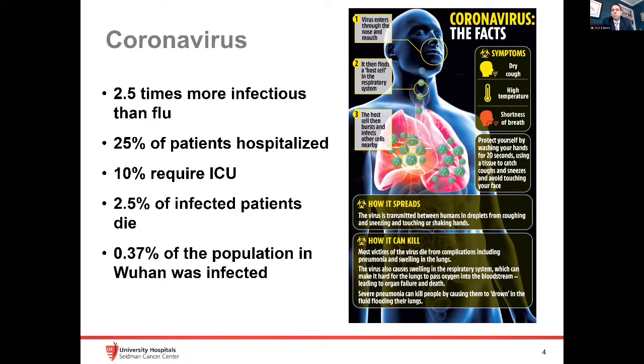Early on, when people are infected, though, the symptoms are primarily in the mouth and throat: sore throat, headaches, muscle aches, and even when people swallow these viral particles, it can cause GI distress and diarrhea. But the main things you'll be asked are: do you have a dry cough? Do you have a high temperature? And are you having shortness of breath?